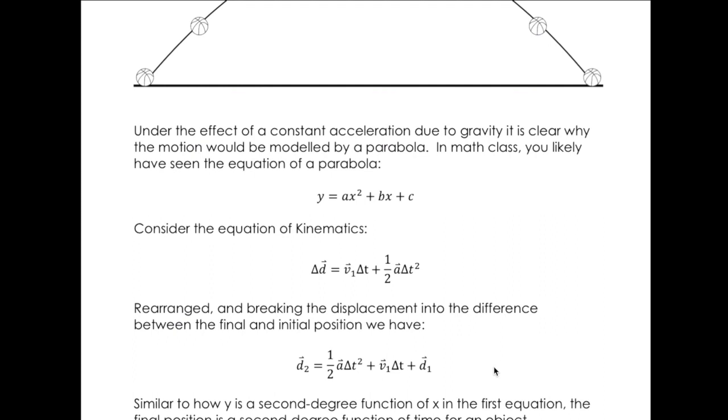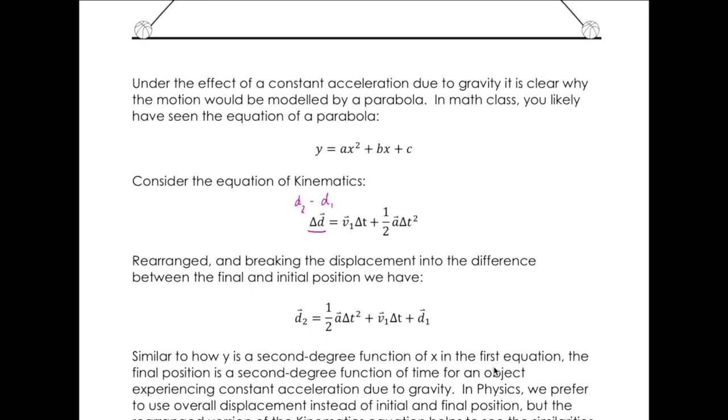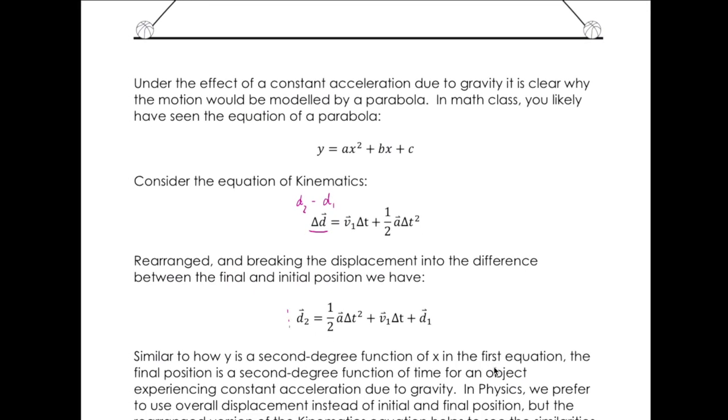We can break down the kinematic equation if we split up this delta d into the final displacement minus the initial displacement. Rearranging the equation, we get d2, which is like our y.